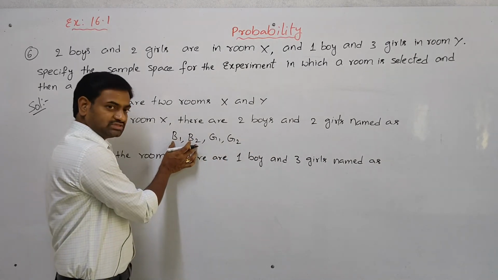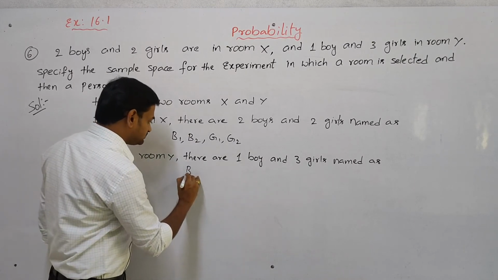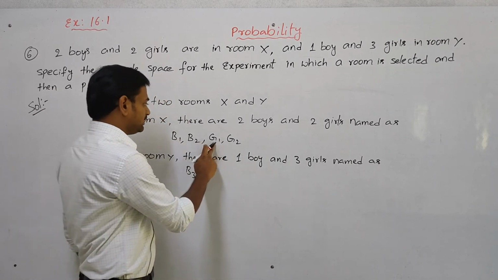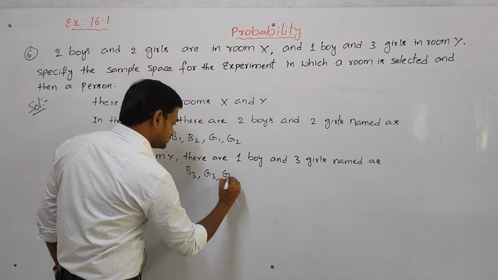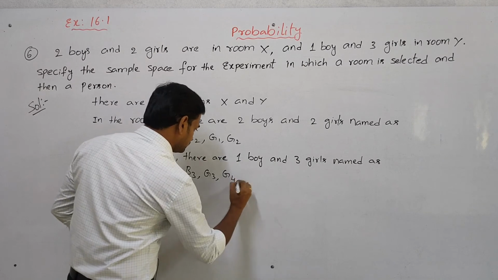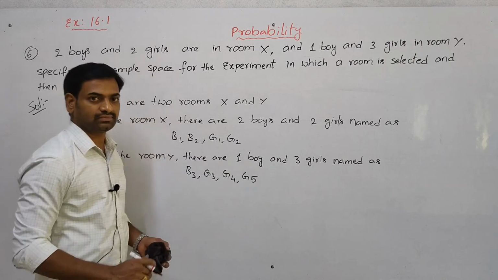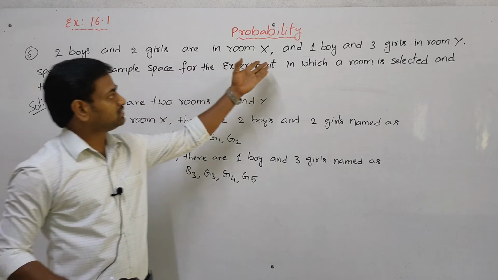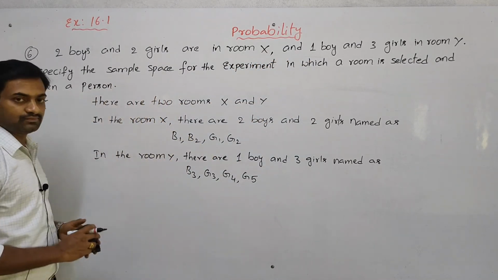Already there are two boys here, so I am considering this one as the third boy, B3. Next, girls are 3. Already 2 girls are there, so it is G3, G4 and G5. One boy, 3 girls. Now see here. The experiment is we have to select the room, later the person.